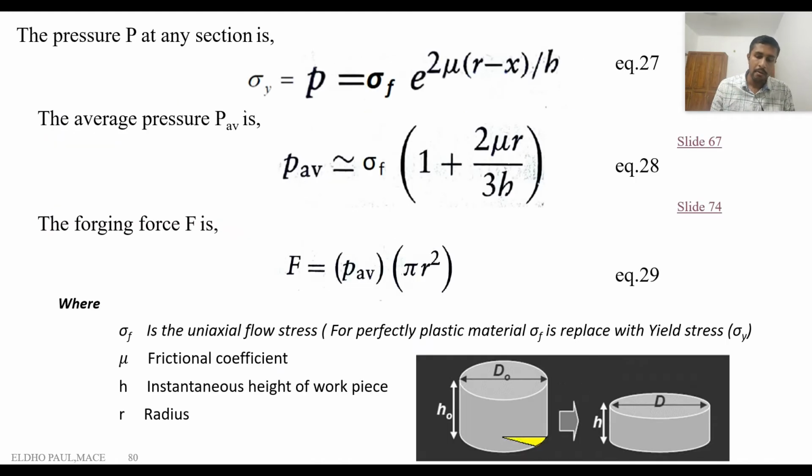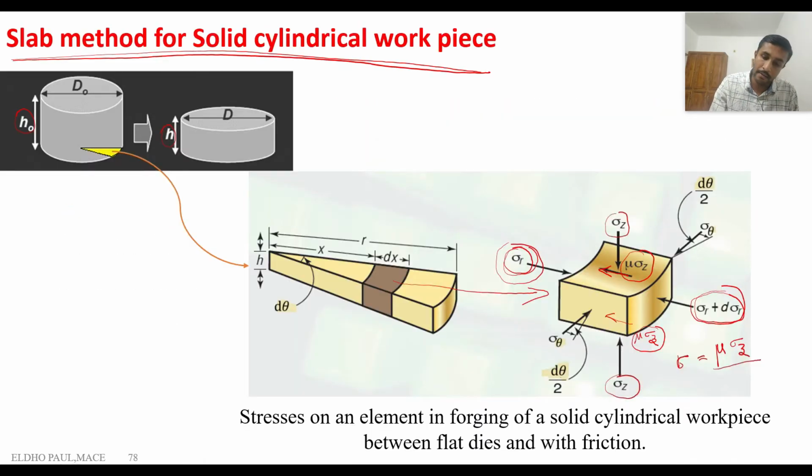At the end of this derivation we get a pressure distribution equation. Here this is not sigma y, this is sigma z, because in this figure it is given as sigma z.